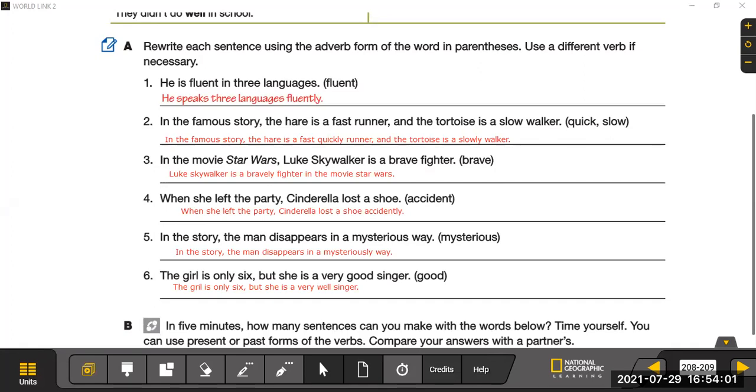Primero lo voy a enviar así como está y luego le voy a enviar una corregida. Wait a second. Okay.